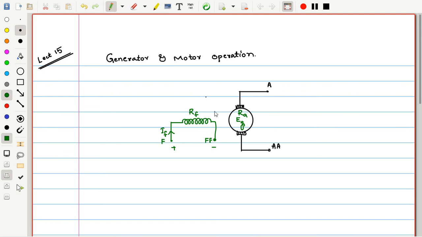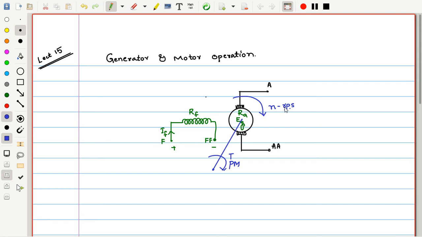As a result, when this rotor is rotated by a prime mover torque T, suffix prime mover, this machine tries to rotate in the clockwise direction at a speed of n rps, revolutions per second.